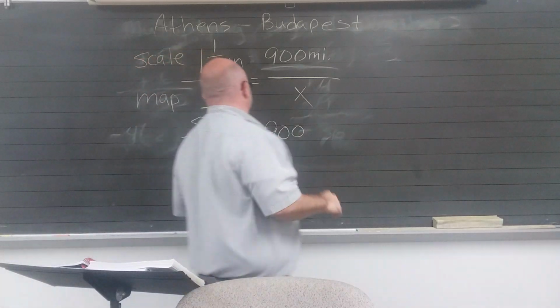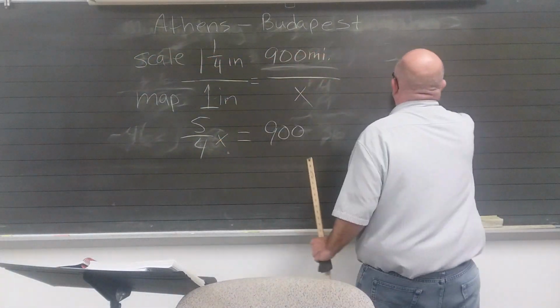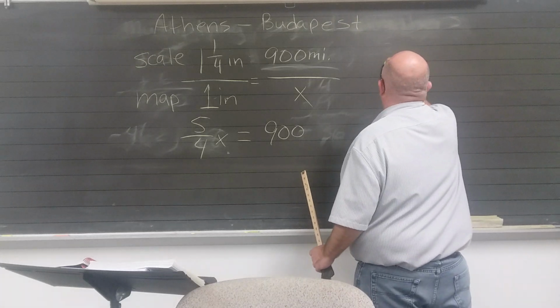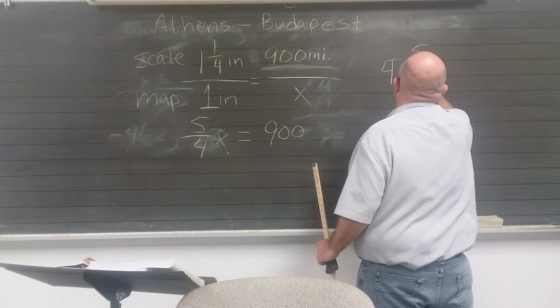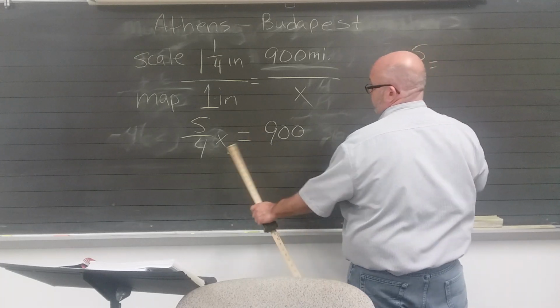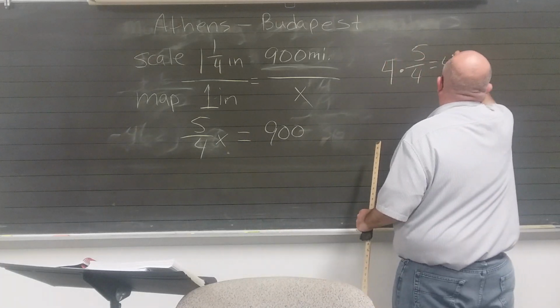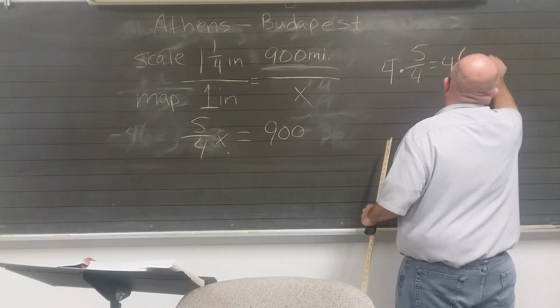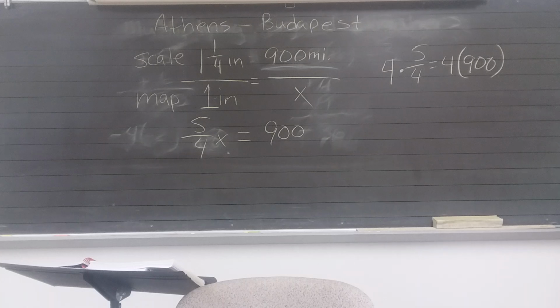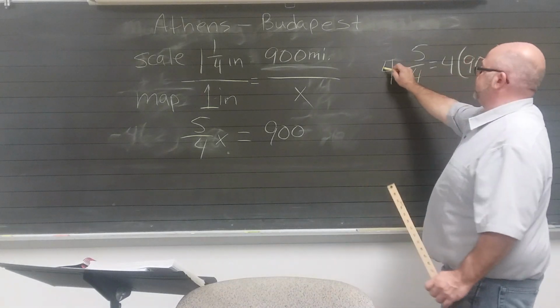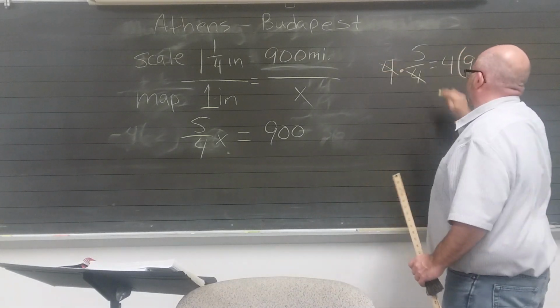The next line is 4 times 5/4 x equals 4 times 900. Can you still see all that? Yes, excellent. This gets rid of the 4s.